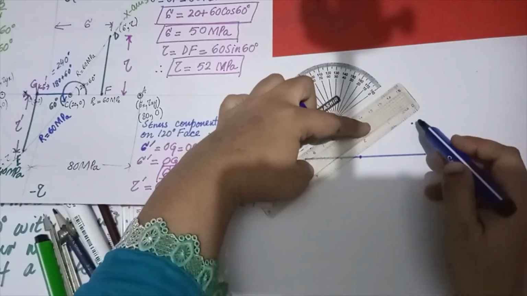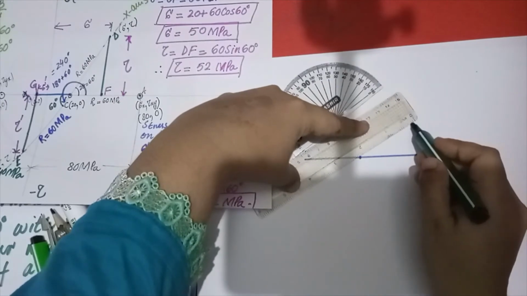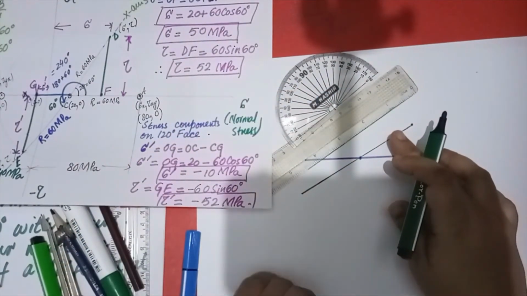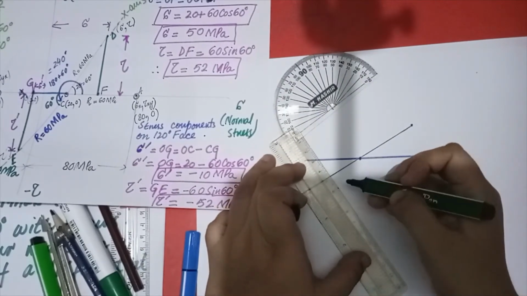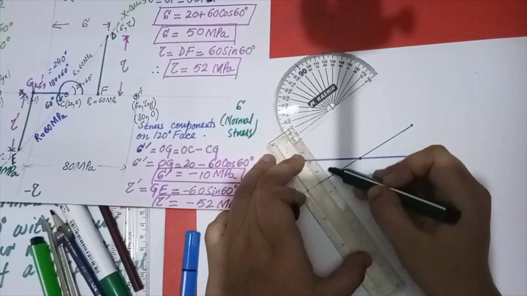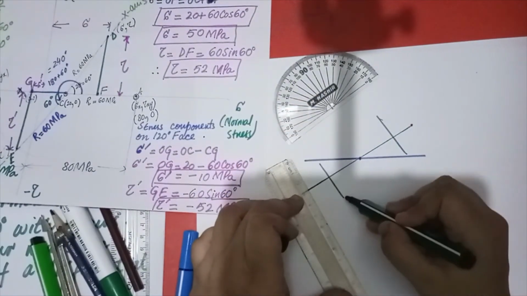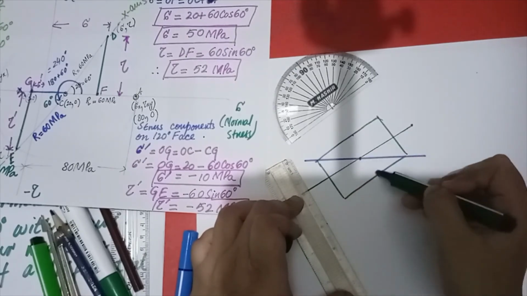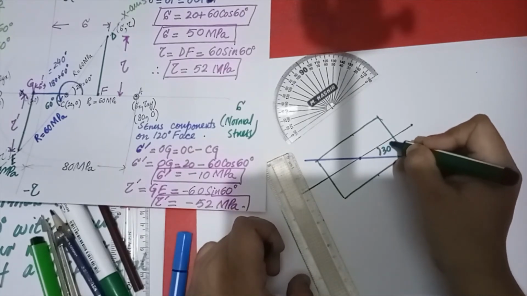You just need to draw a line like this, and then draw your box like this without measurement. These two lines are parallel to this one. So this angle is 30 degree.